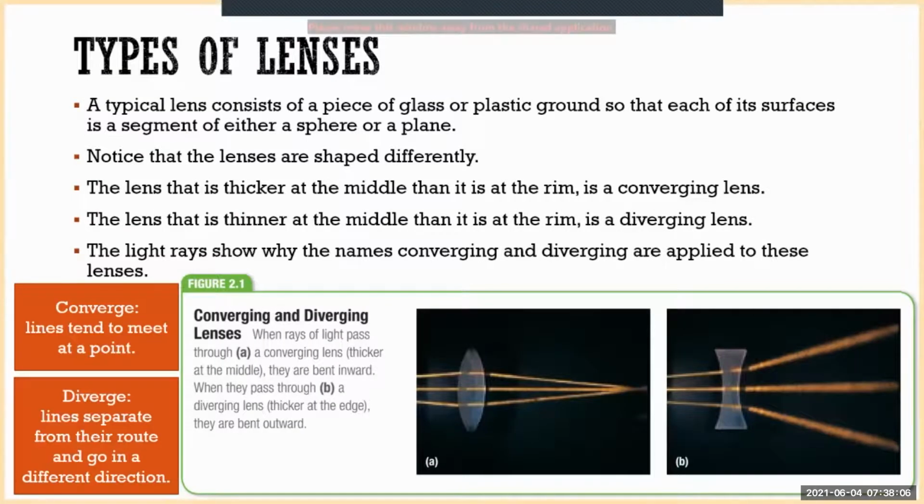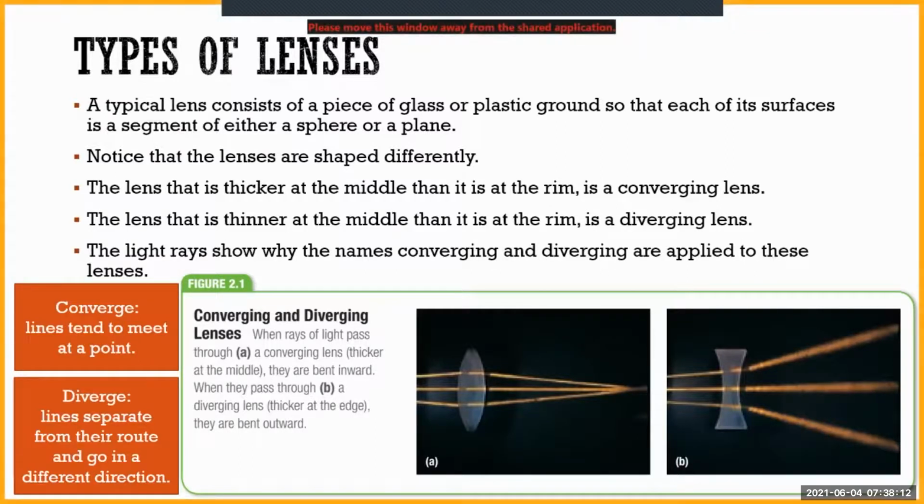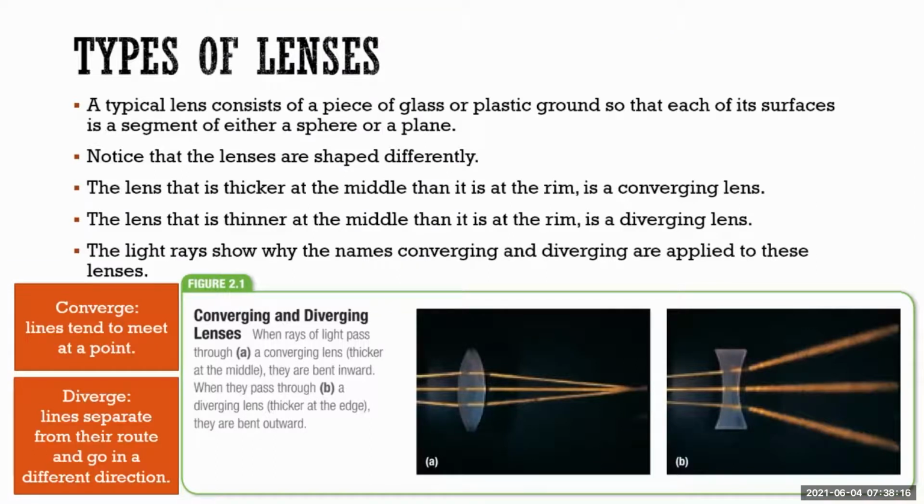As I told you, two types of lenses, convergent and divergent lenses. Okay, a typical lens consists of a piece of glass or plastic, so that each of its surfaces is a segment of either a sphere or a plane. Remember, the curved mirrors are portions of spheres, and lenses too, but also of a plane.